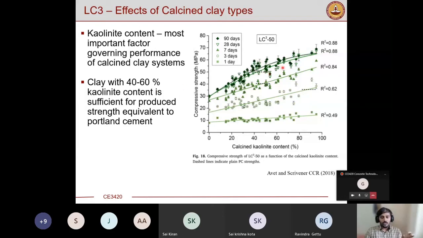So currently, the premise is, in a combination like limestone calcined clay cement, which is optimized for clinker content and energy-efficient material utilization, we are recommending to use a clay containing only 40 to 60% kaolinite content. So these impure clays can be used in combinations to produce similar properties like your OPC. So this is with respect to your clay.